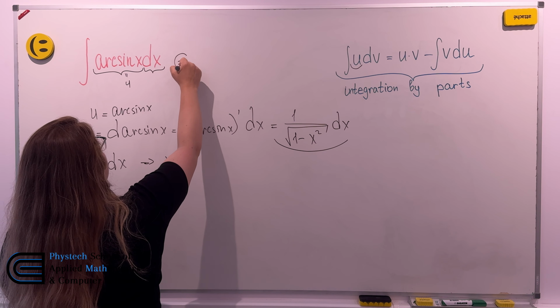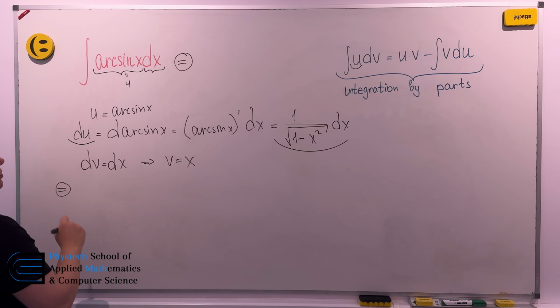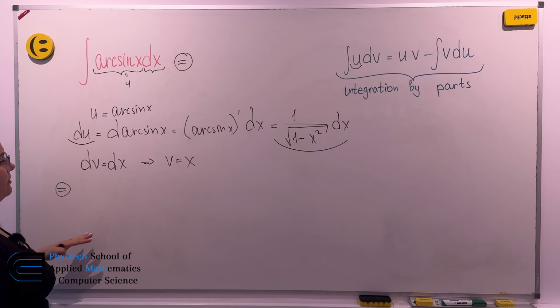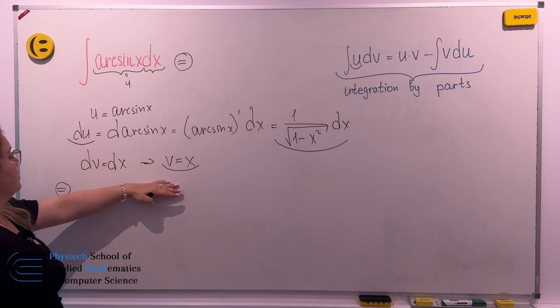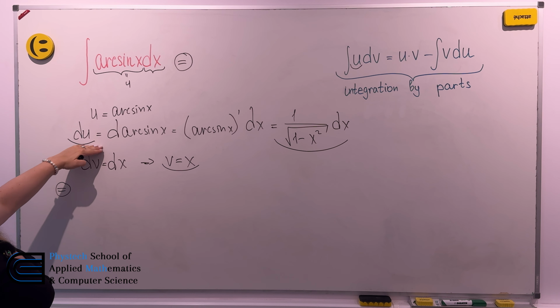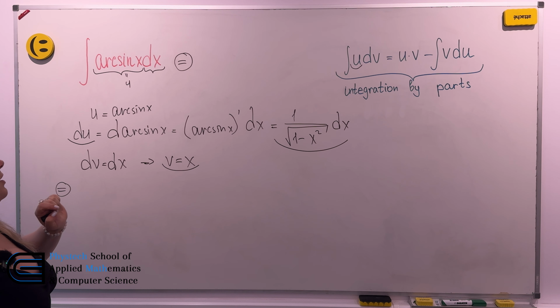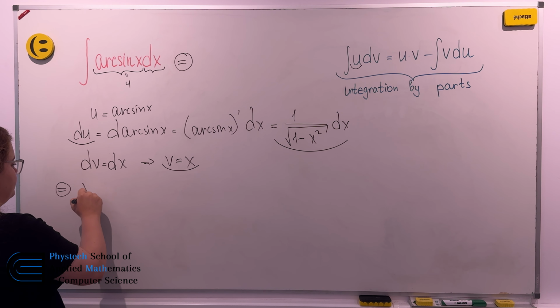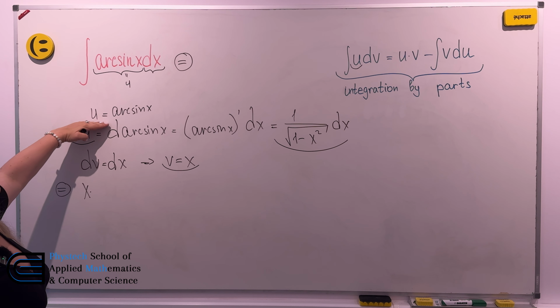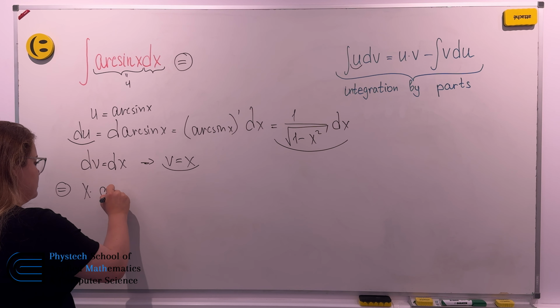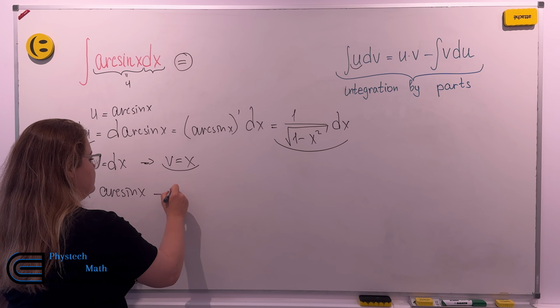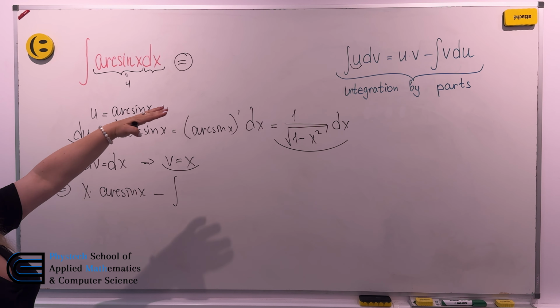So now we can use this formula because we have u, v and du. So u multiplied by v, v is x, so x multiplied by arcsin of x, minus the integral of v du.